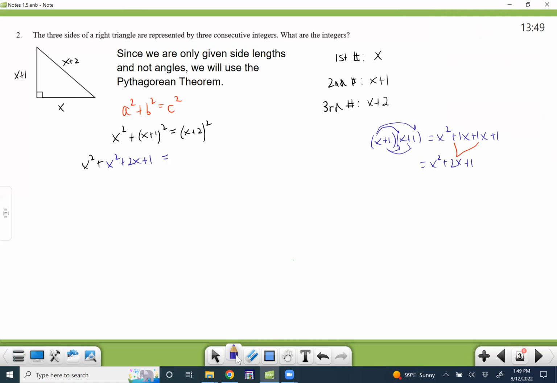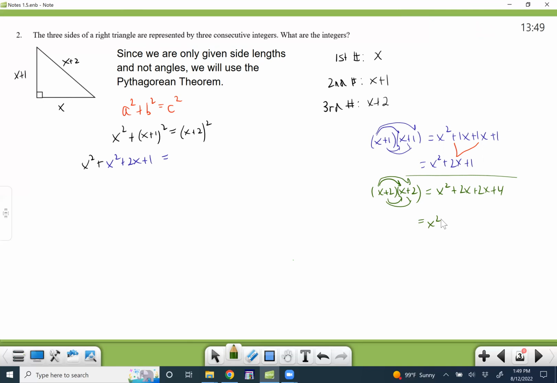Then we're going to have to do the same thing for the X plus 2 squared, right? We're going to have to FOIL it out or distribute it out. We got X times X, which is X squared, 2X, 2X, 4.